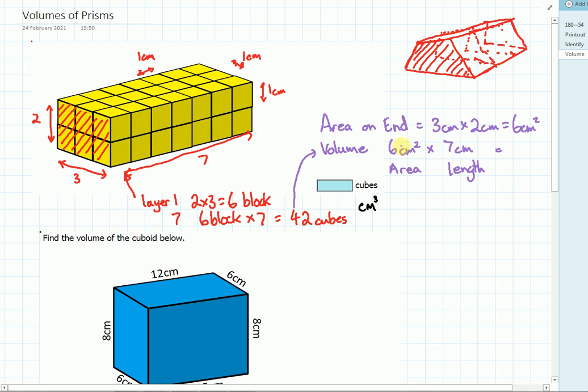And that gives me 42. Notice we've got centimetres squared times centimetres. That actually means we need 3 measures of centimetres at right angles to each other. So the volume is 42 centimetres cubed. The number of cubes is 42 cubes.